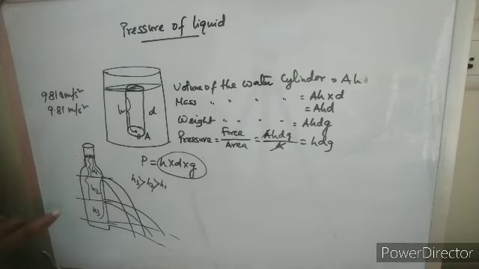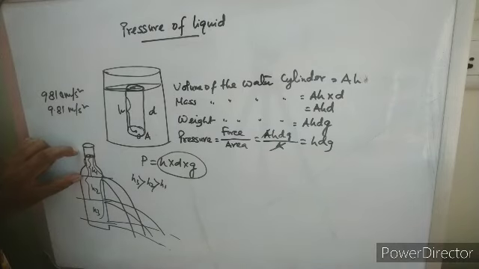Whatever holes you have made on the bottle, they have different depths. Here, as H1 is less, the pressure exerted will be less, and H2 is greater than H1, so the pressure exerted at that point will be more than at H1.